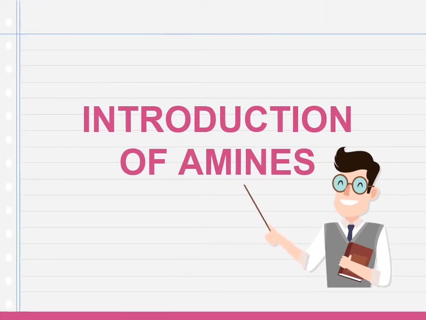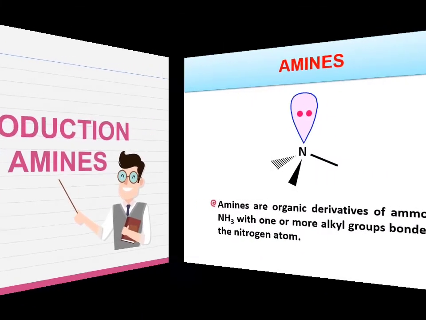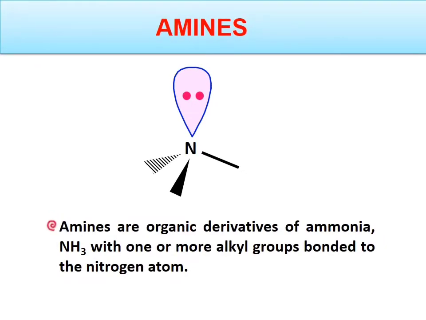Okay guys, before we learn about nomenclature of amine, we look at the introduction of amine first. So, amine must relate to the N, which is the nitrogen atom. Amines are organic derivatives of ammonia with one or more alkyl groups bonded to the nitrogen atom.